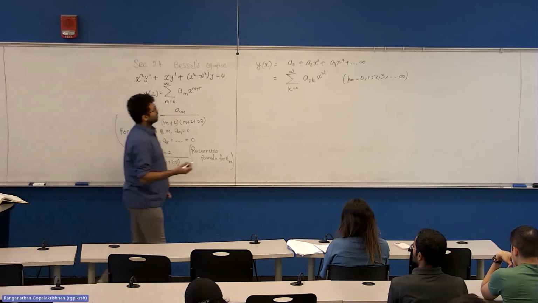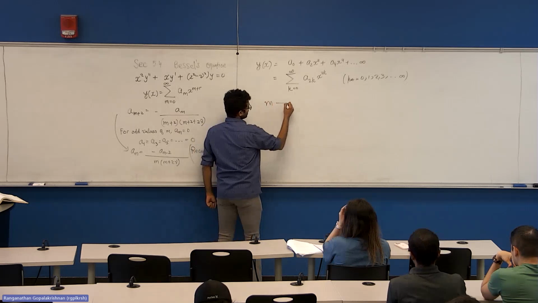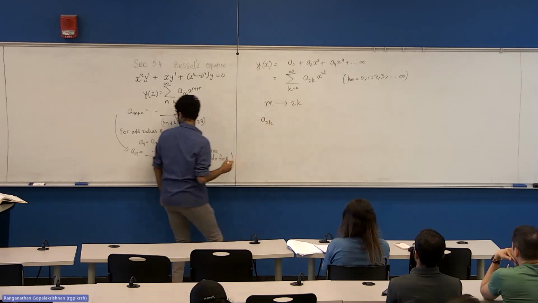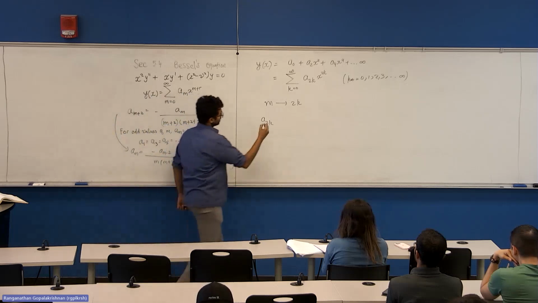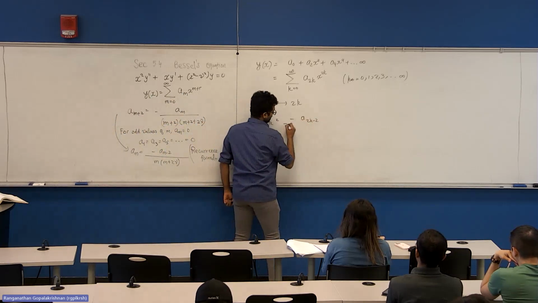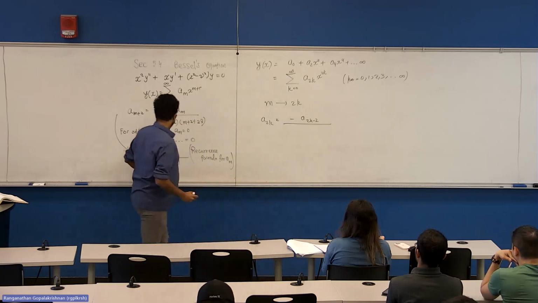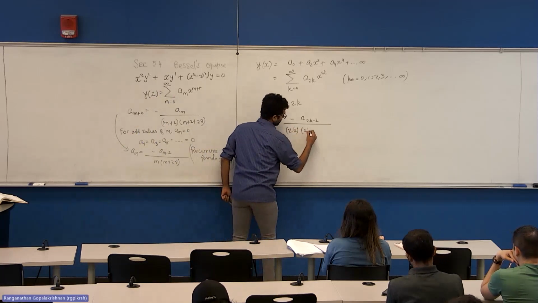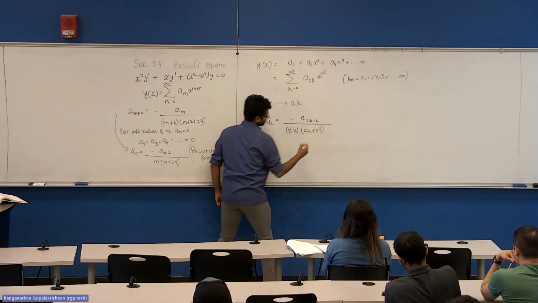You can do this like you can just say replace m with 2m if you are able to follow that. For some, they may prefer that they want to replace m with 2k, which would make this a_2k equals minus a_(2k-2) divided by 2k times (2k plus 2 nu).